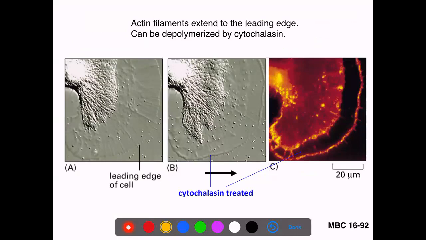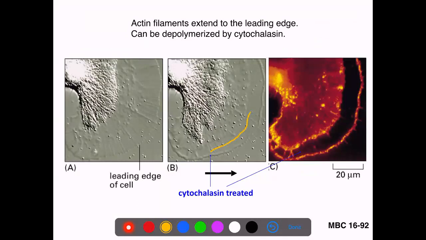Okay, right. So this is like a live picture in Nomarski optics. When you look at it, you see small actins in there. It's very specialized actin. And then when you add cytochalasin, that is gone, isn't it?